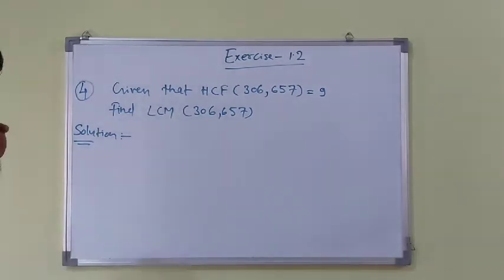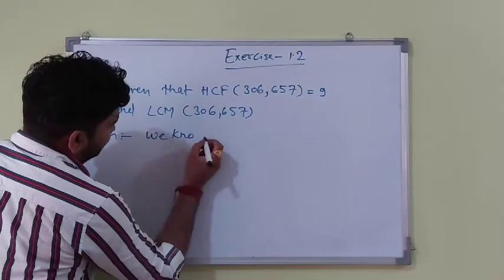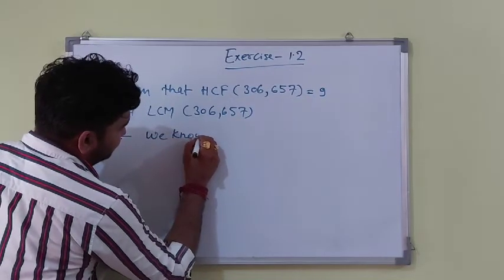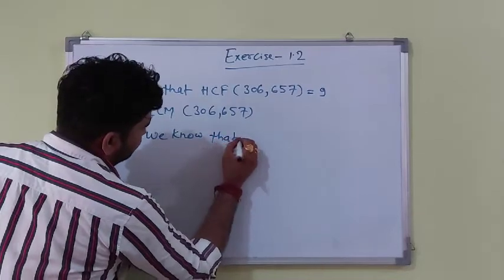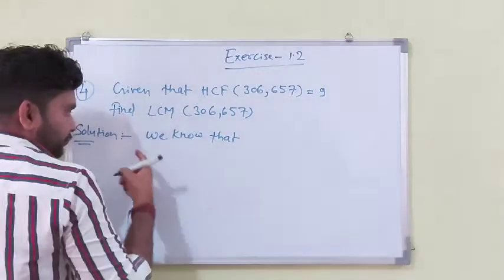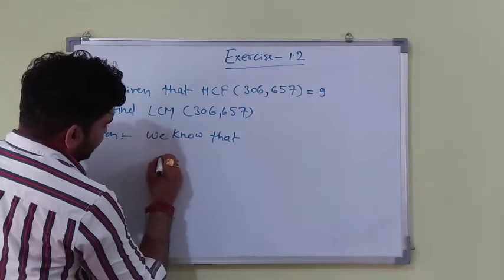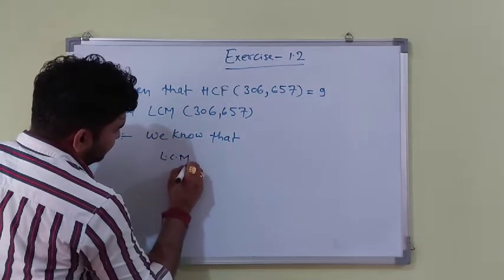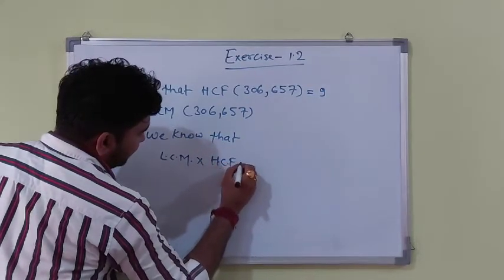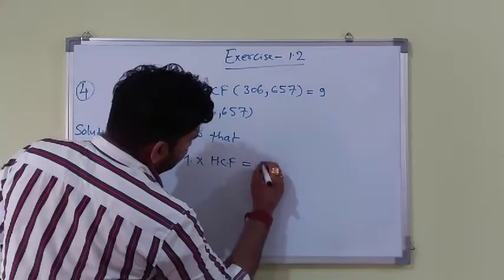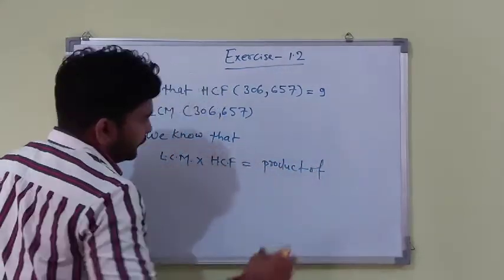Solution. What is the solution? We know from the previous question, before this question, we have one concept. It is known as LCM cross HCF is equal to product of numbers.